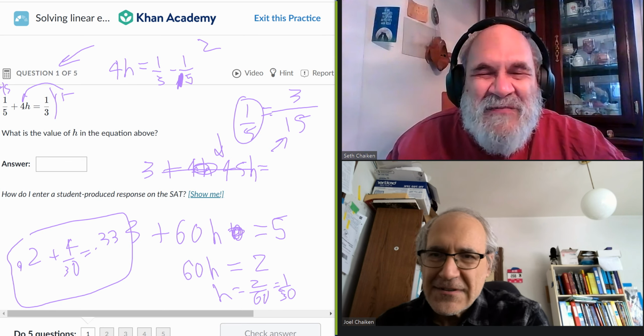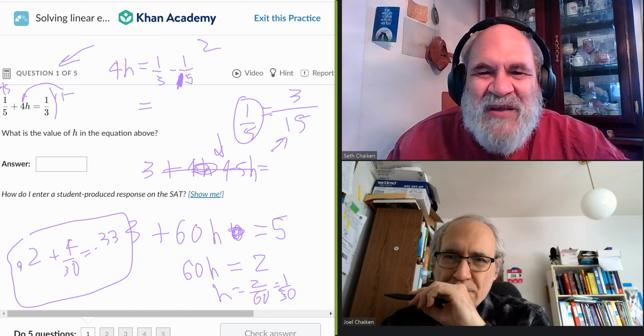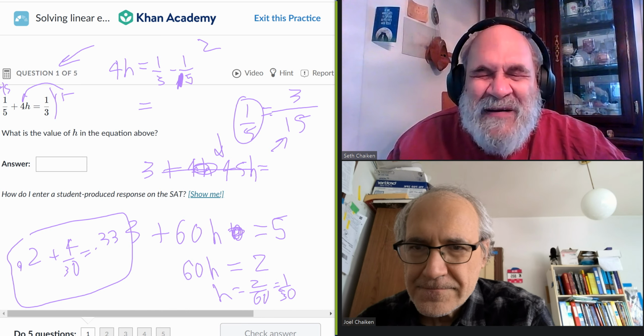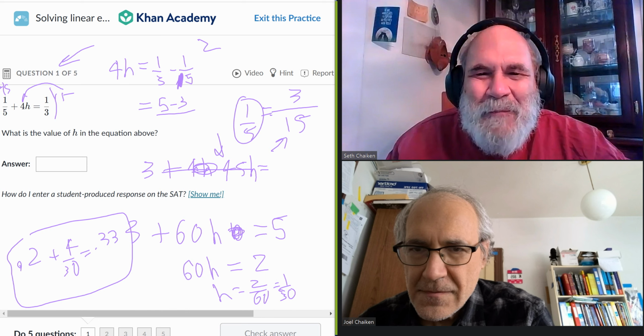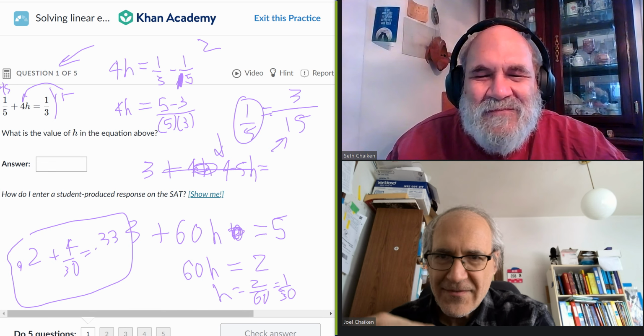Then a convenient way to subtract is to take 5 minus 3 in the numerator and 5 times 3 in the denominator. Always write everything as an equation.